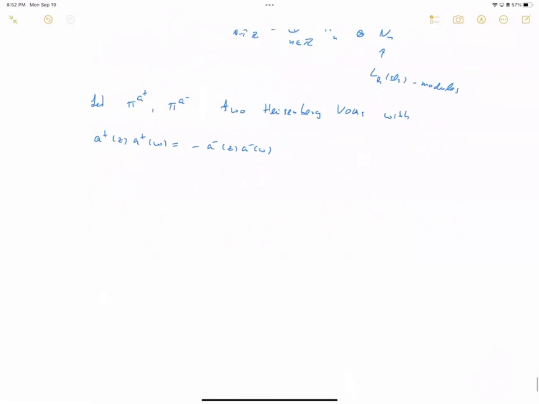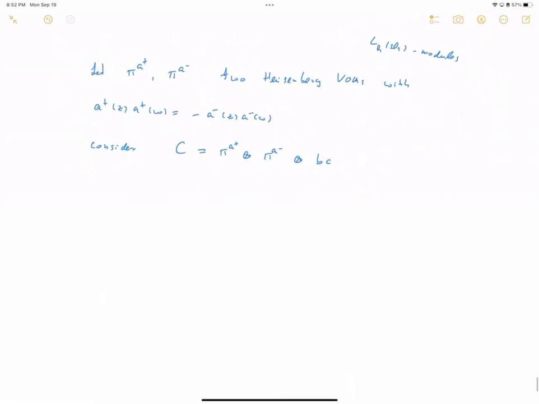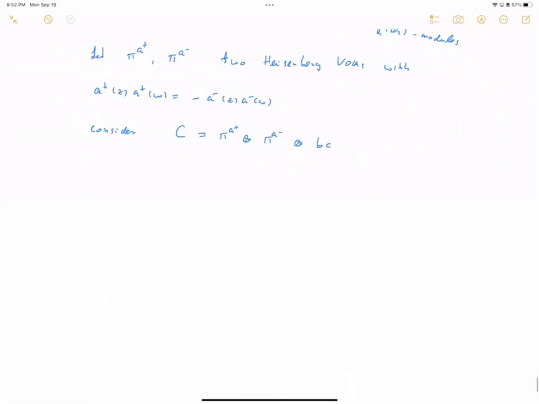So why is this interesting? Because now what you do is you consider a big super VOA called C, standing for complex, a complex of vertex algebras, which is just the product of these two Heisenberg VOAs together with a single BC system, again, the same type of free fermions as before.